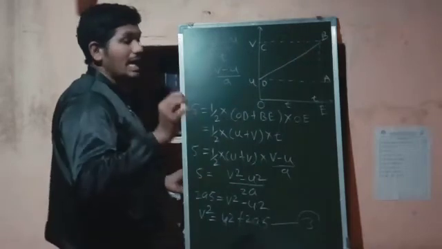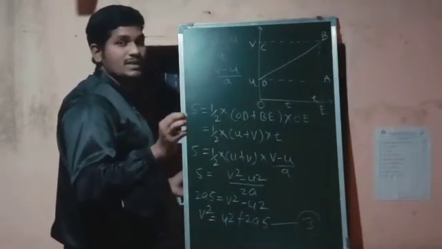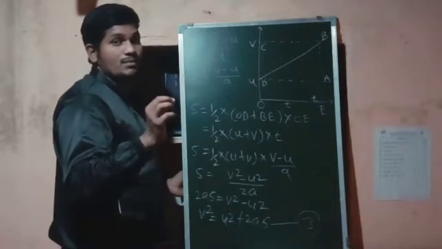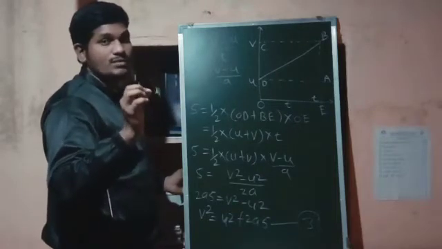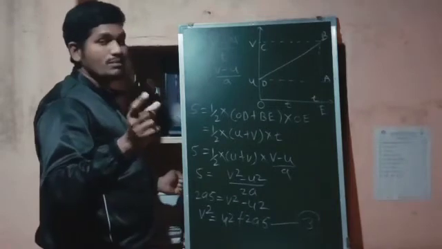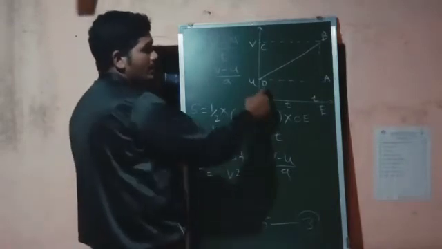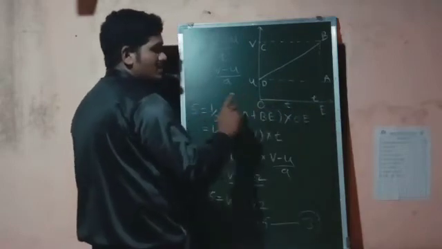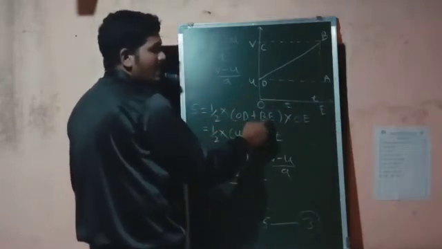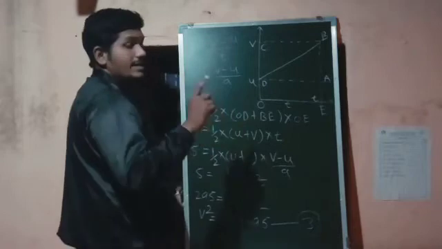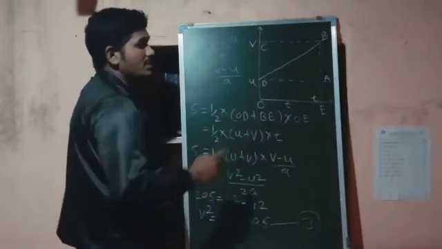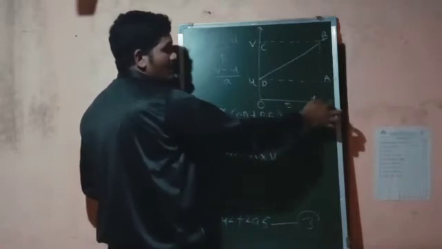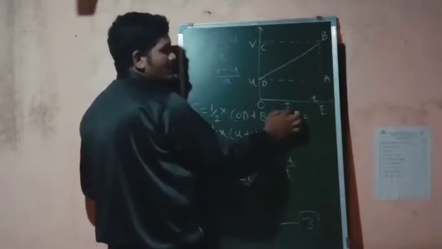As per the formula, the area of a trapezium is half into the sum of the parallel sides, into the distance between them. DO is parallel to BE, so OD plus BE, into the distance between them, which is T.